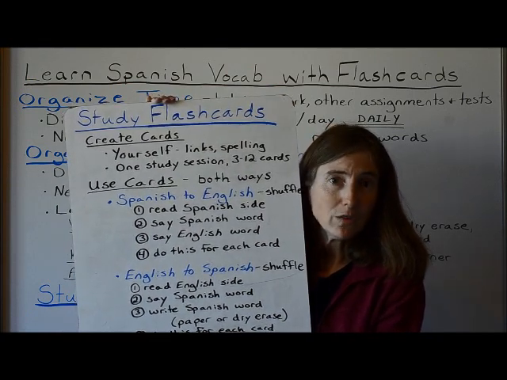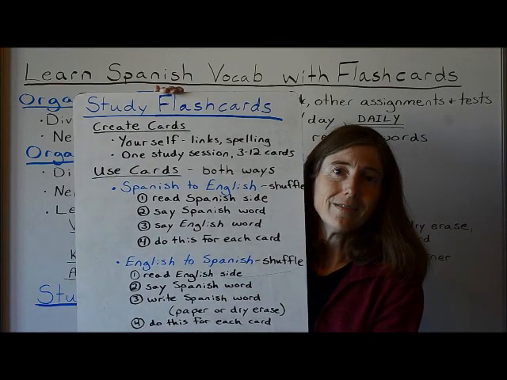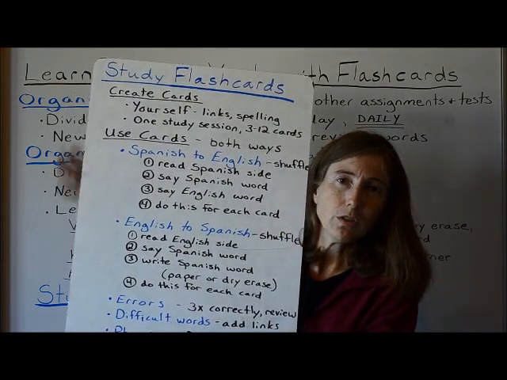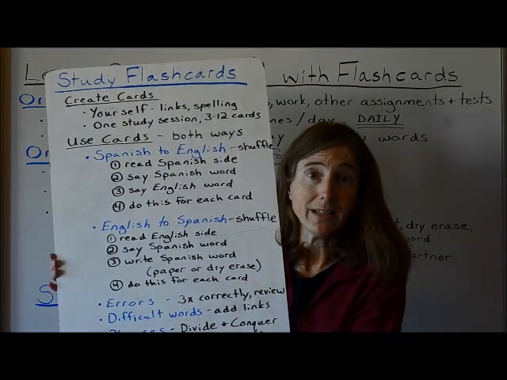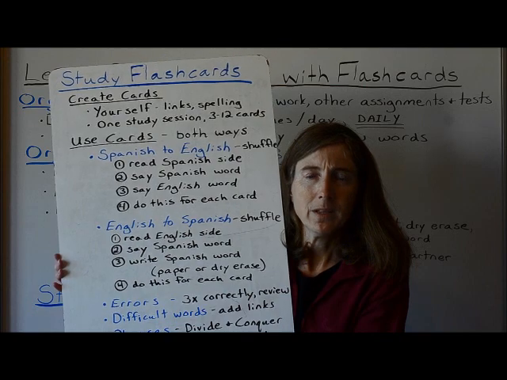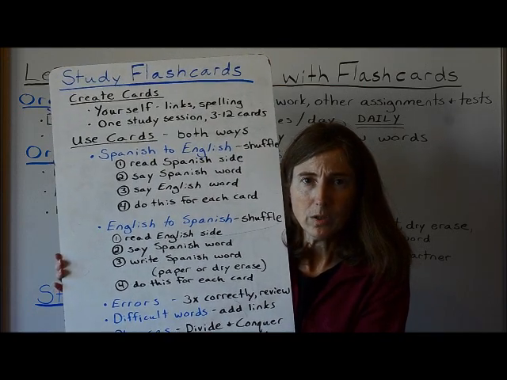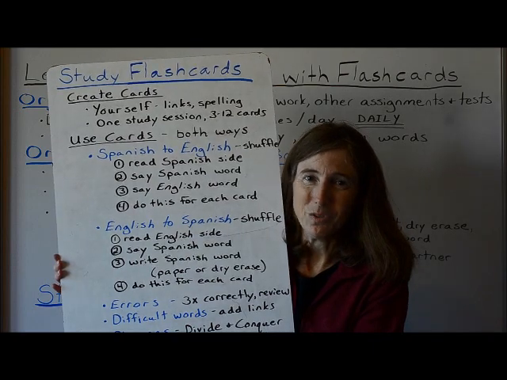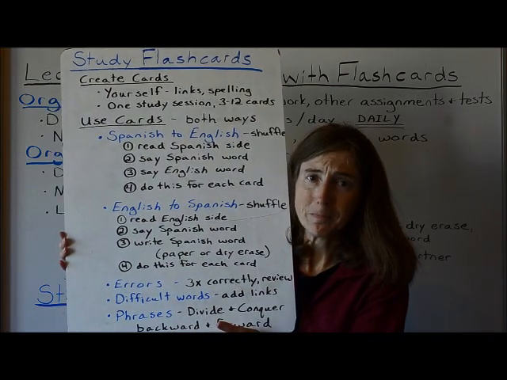So you'll want a dry erase board, or a piece of paper and something to write with. Because what you're going to do is look at the English word on the card, say the Spanish word, and also write the Spanish word so that you can practice your spelling.